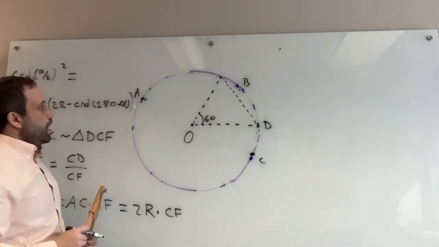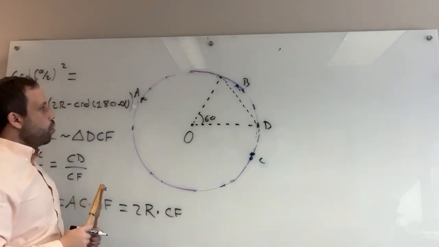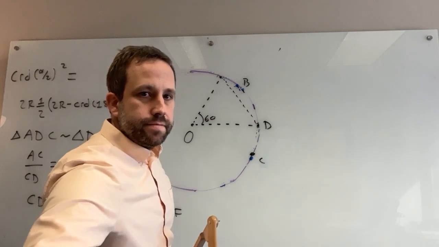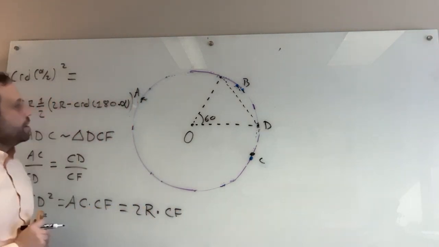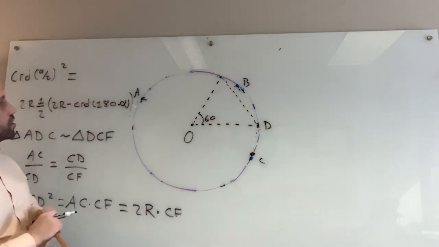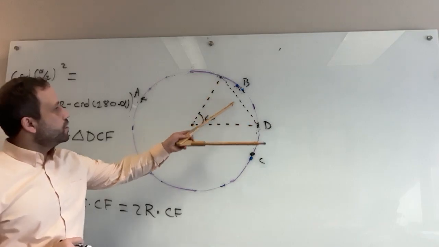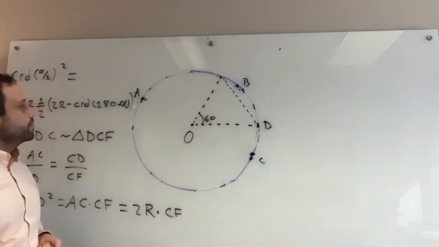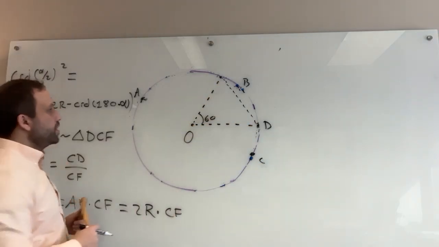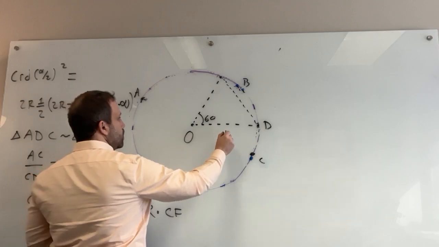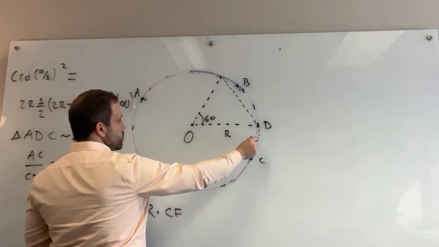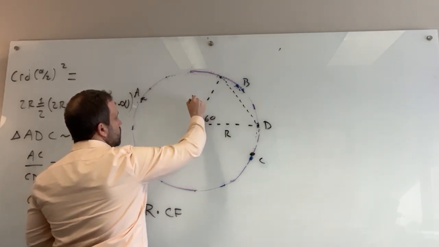Okay, so what can we tell about this? So chord 60 is equal to this right here. Now what do we know? We know this has radius r, or this is the radius, so it has length r.